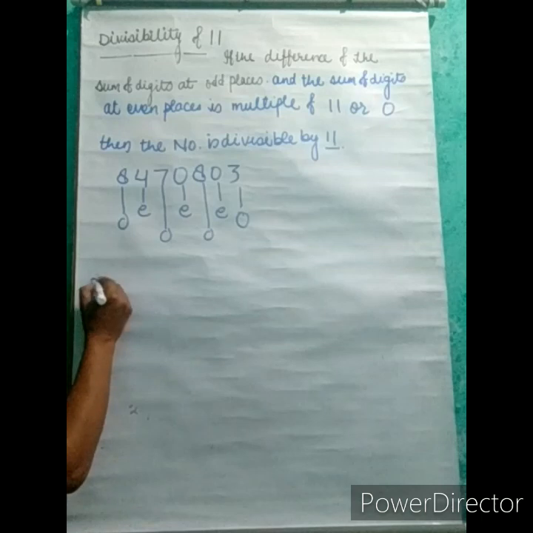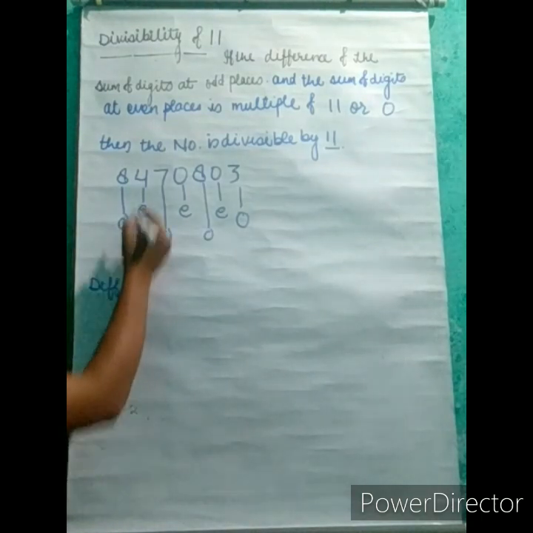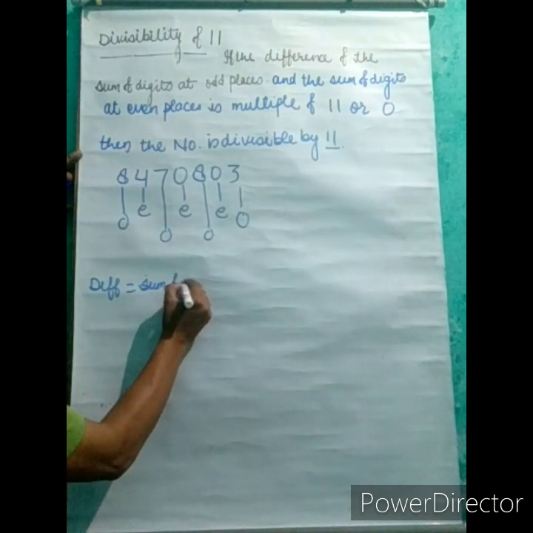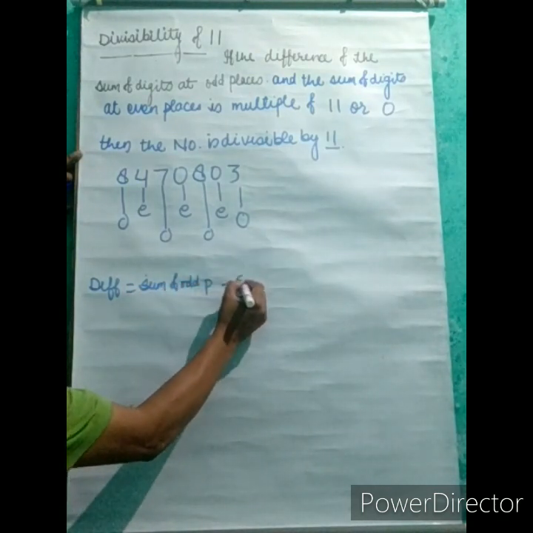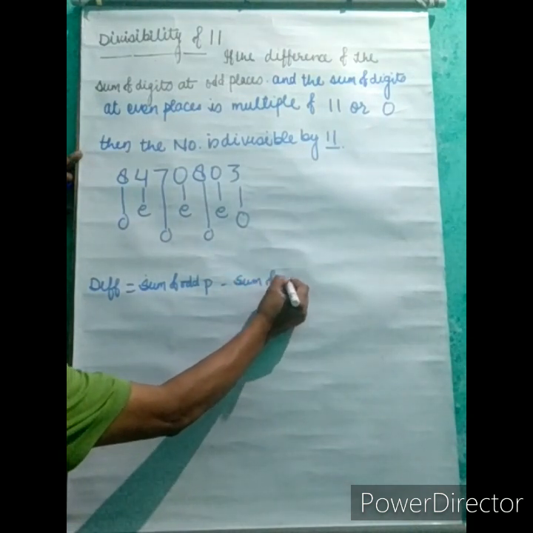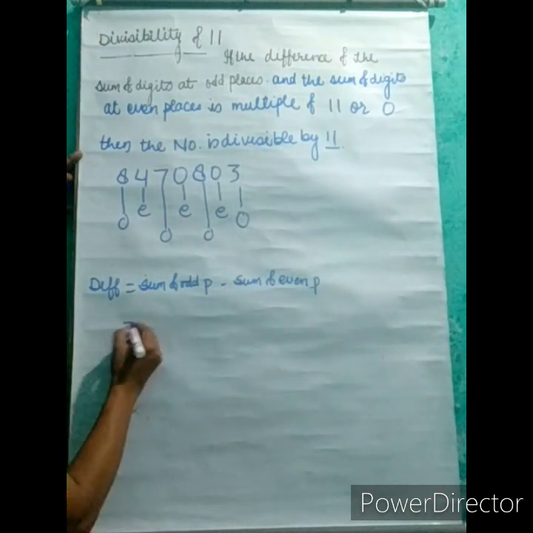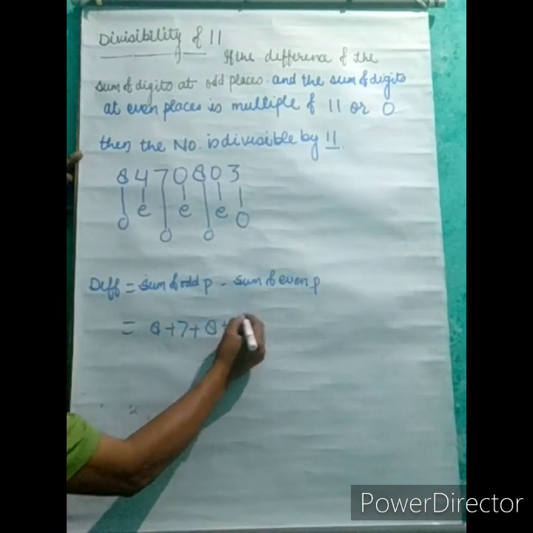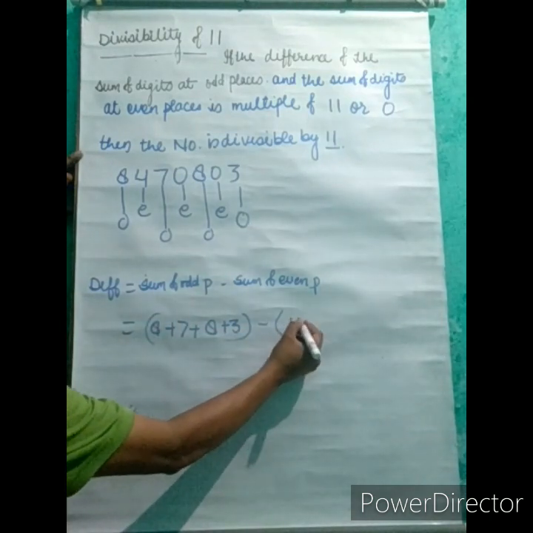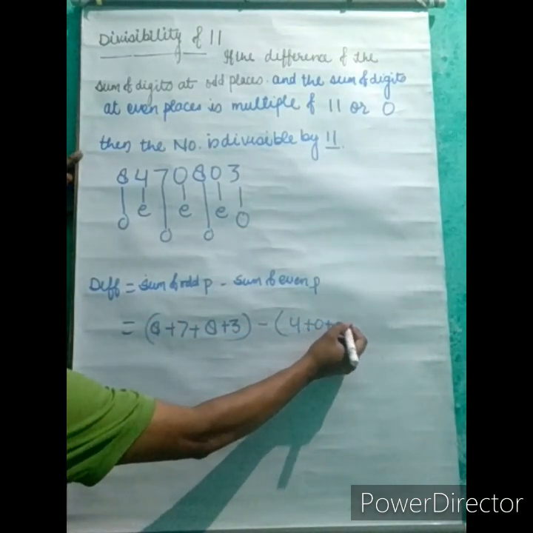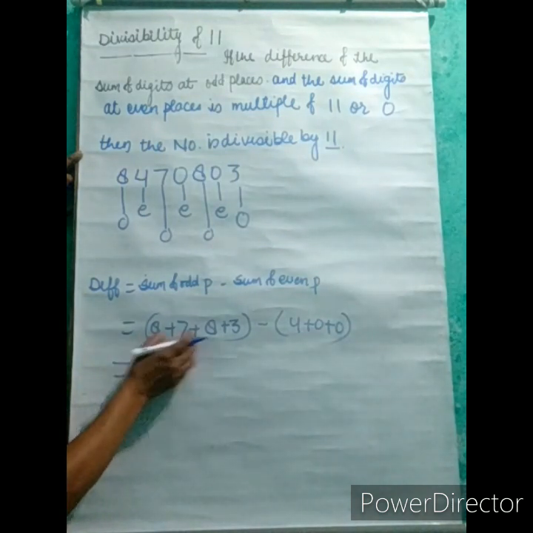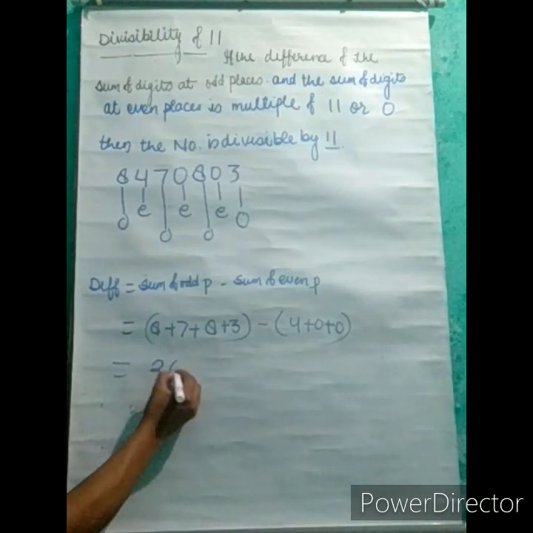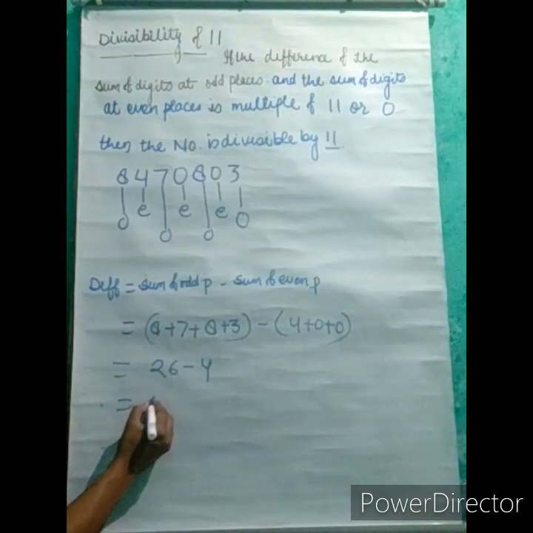So the difference equals the sum of odd places minus the sum of even places. Odd places: 8 plus 7 plus 8 plus 3, minus even places: 4 plus 0 plus 0. So here you have 15 plus 8 is 23, plus 3 is 26, minus 4, which equals 22.